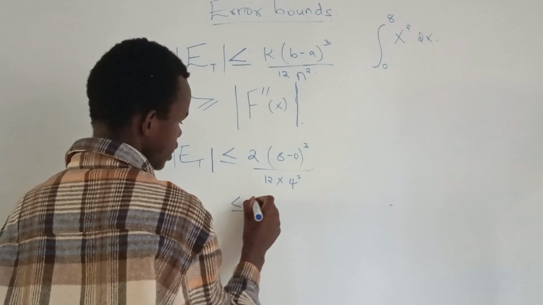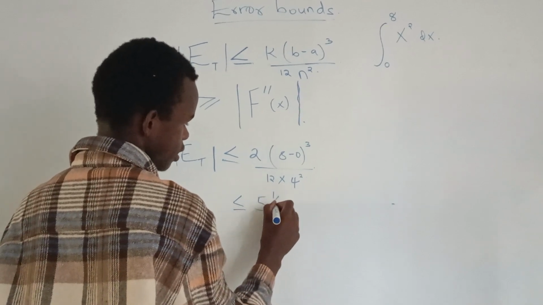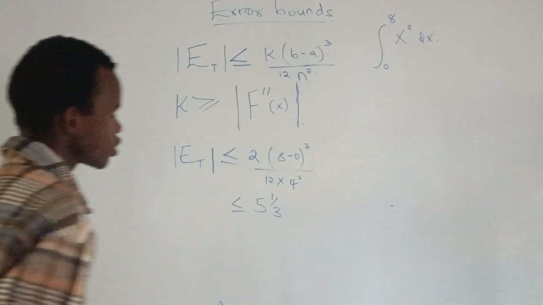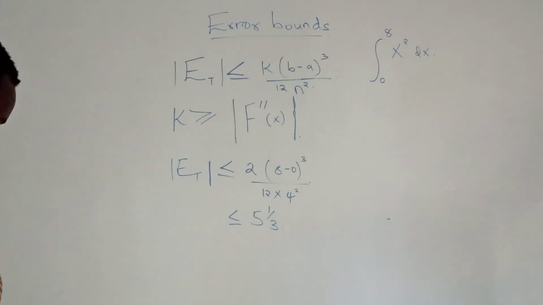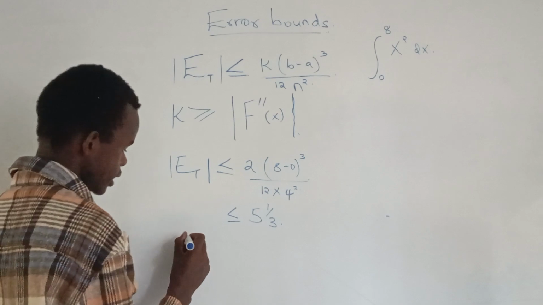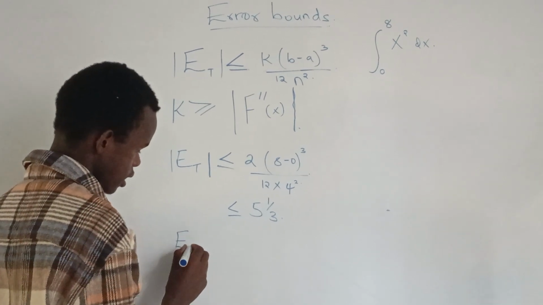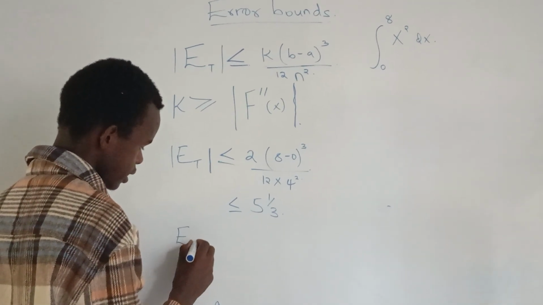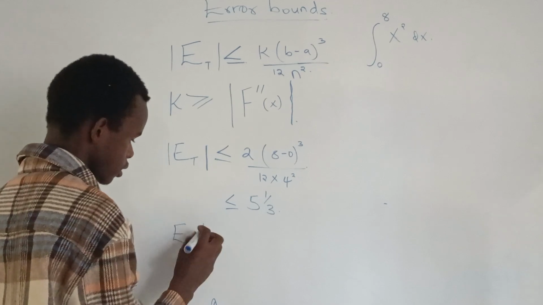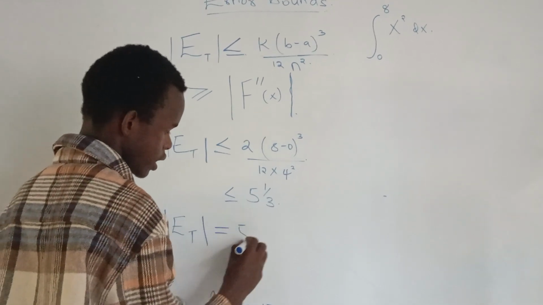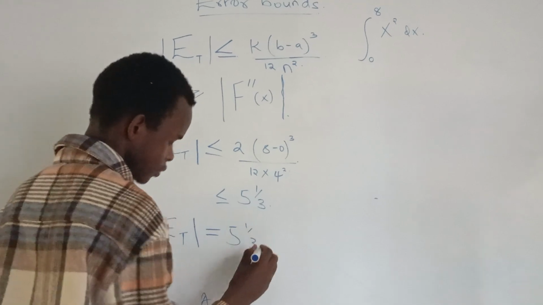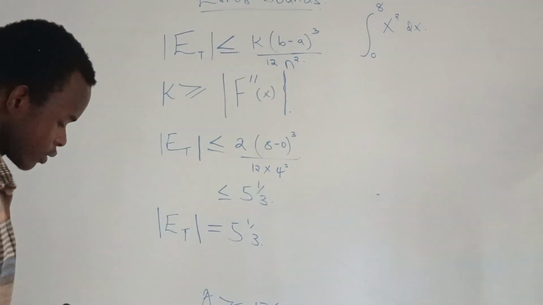So my answer will be 5 and 1 over 3. So that will be my error bound.